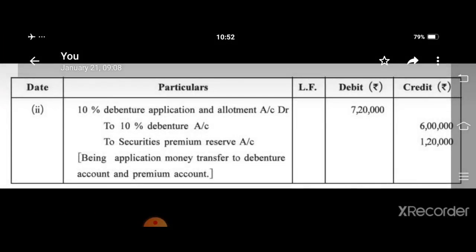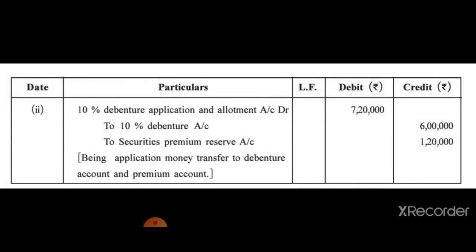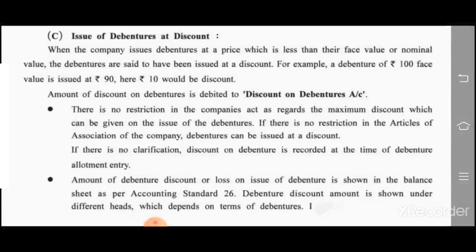Now second entry, 10% debenture application and allotment account debited 7 lakh 20,000, to 10% debenture account 6 lakh rupees, securities premium reserve account 1 lakh 20,000 rupees. Write down narration, being application money transferred to debenture account and premium account.